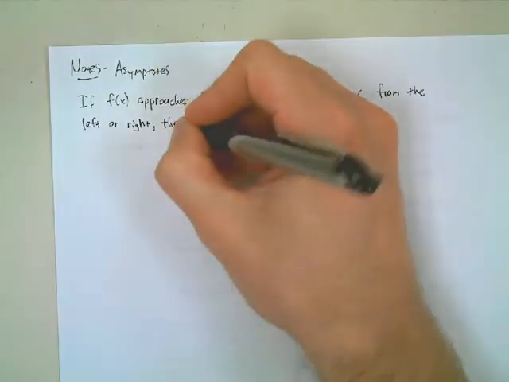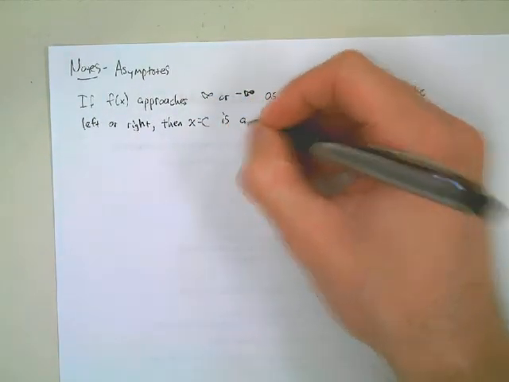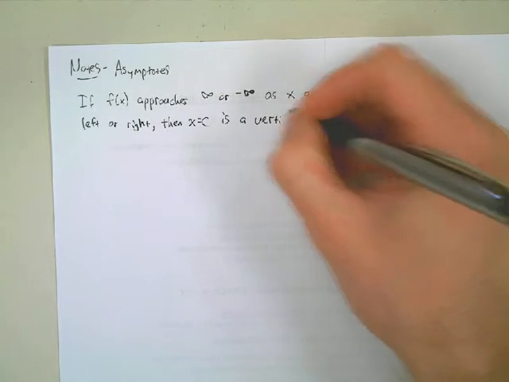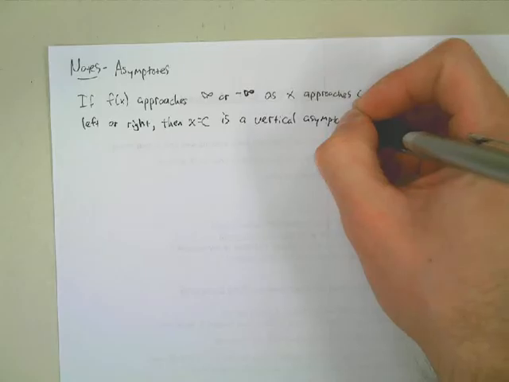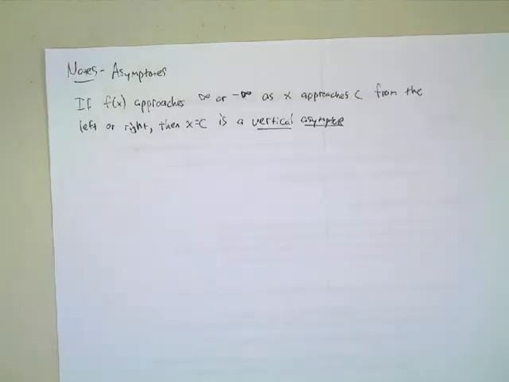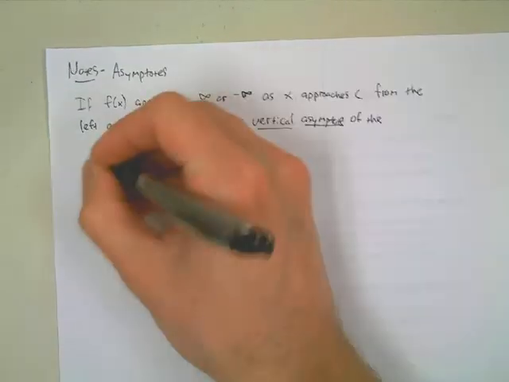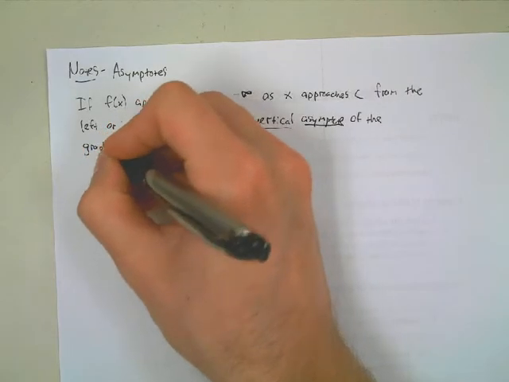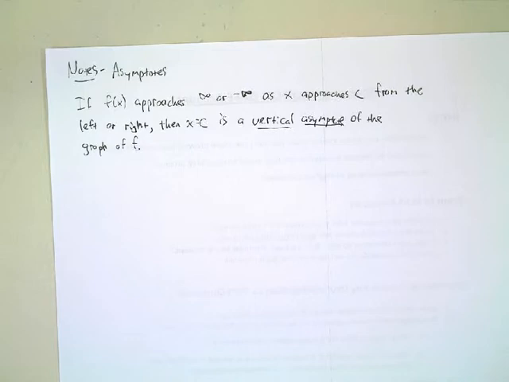Then x equals c is a vertical asymptote of the graph of f.